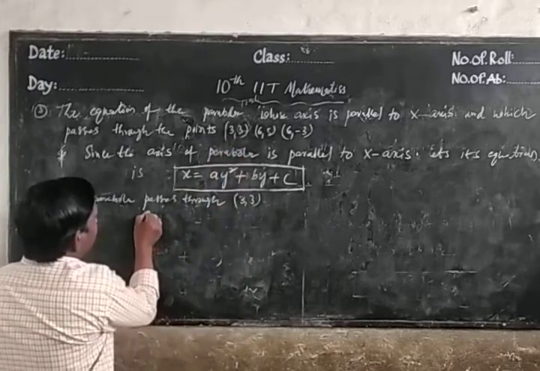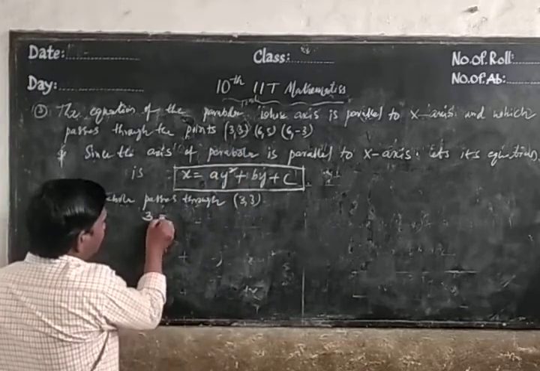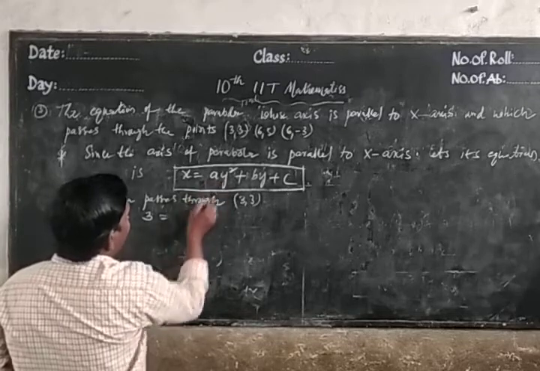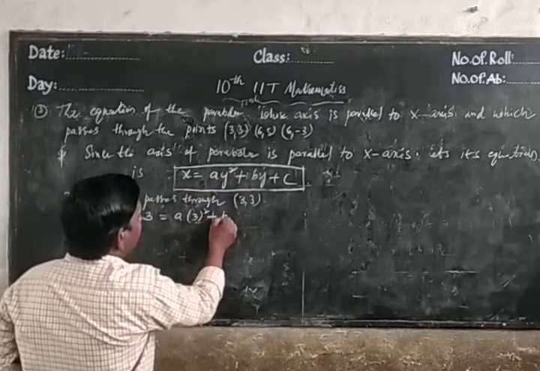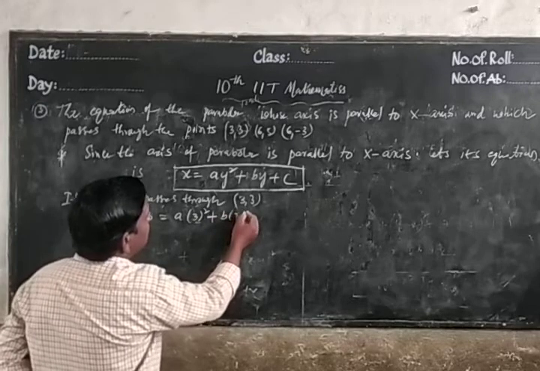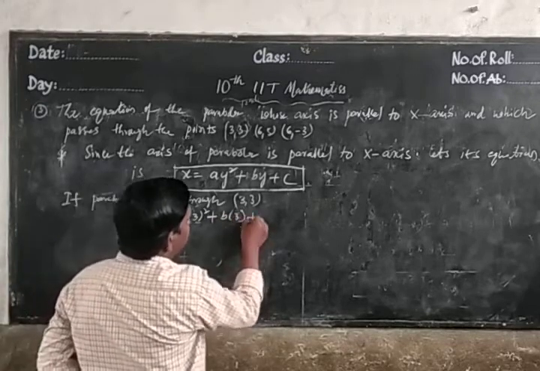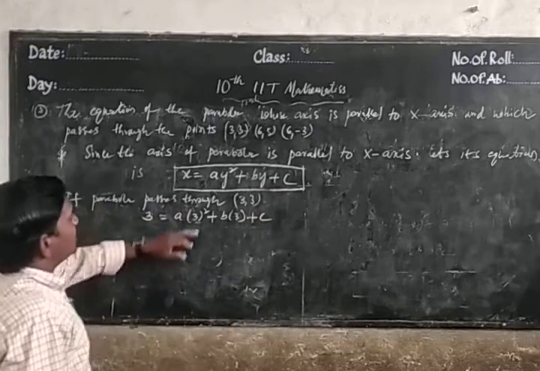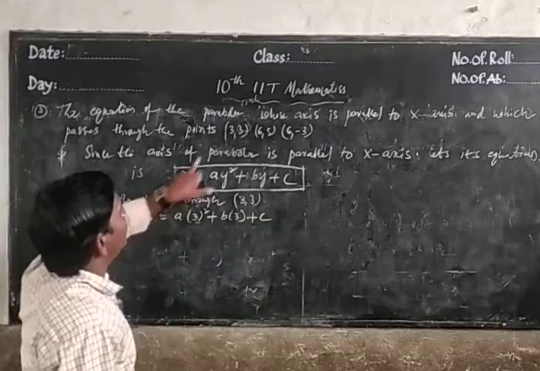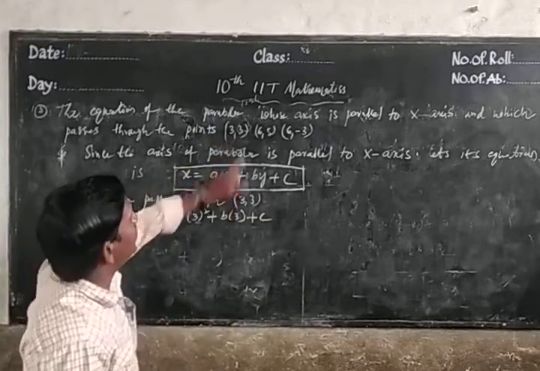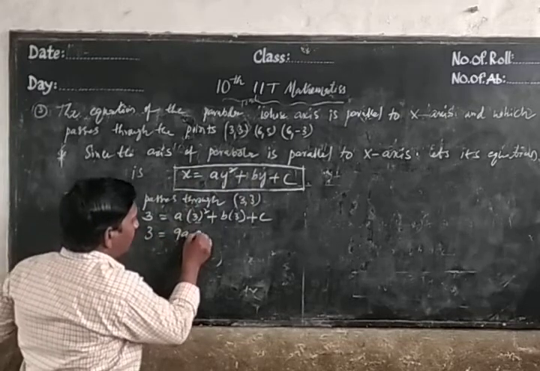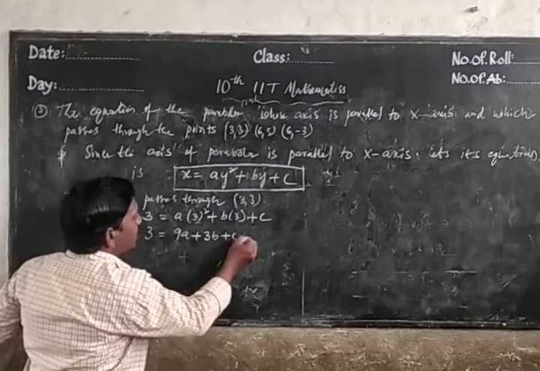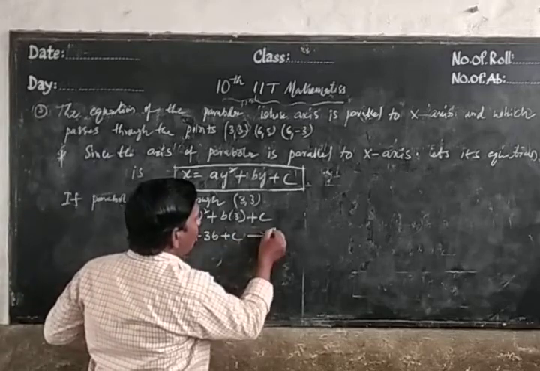So 3 equal to a y square, that means a into 3 square, plus b into 3, plus c. Substitute x and y values. X value 3, y value is also 3. 3 equal to 9a plus 3b plus c. This is equation 1.